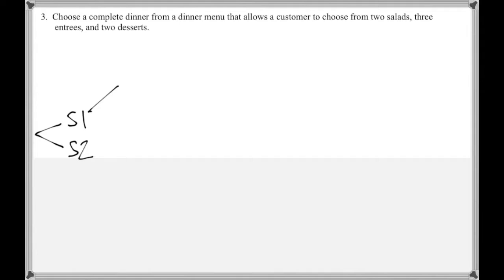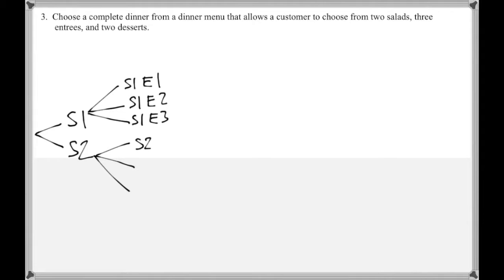So there's 3 options after we pick salad 1, as well as 3 options after we pick salad 2. So salad 1, entree 1, salad 1, entree 2, salad 1, entree 3, and then the same for salad 2.